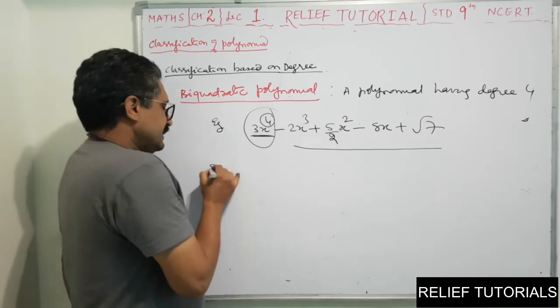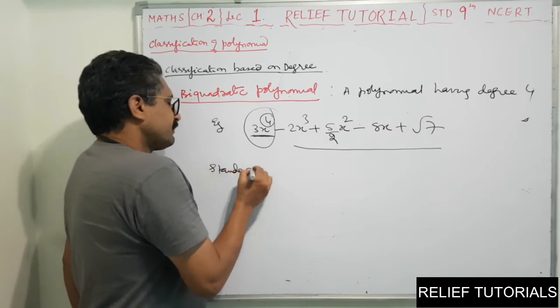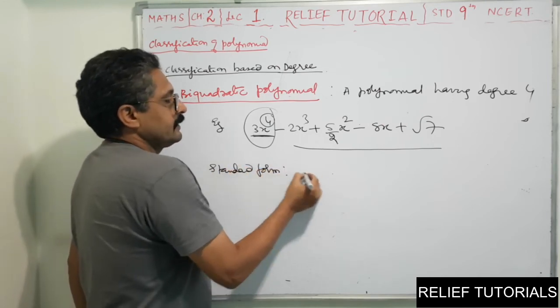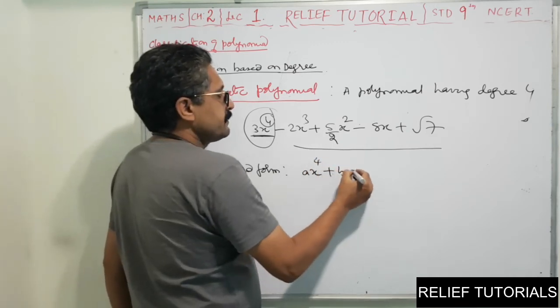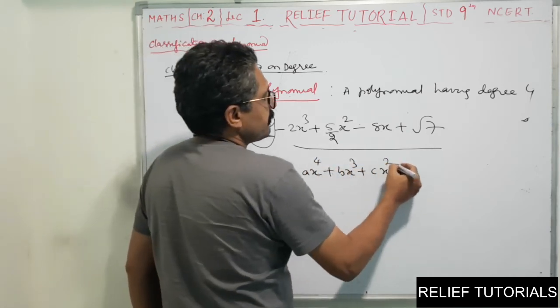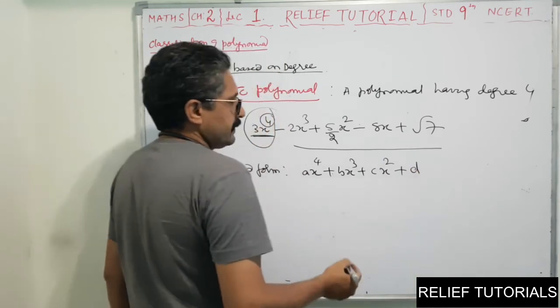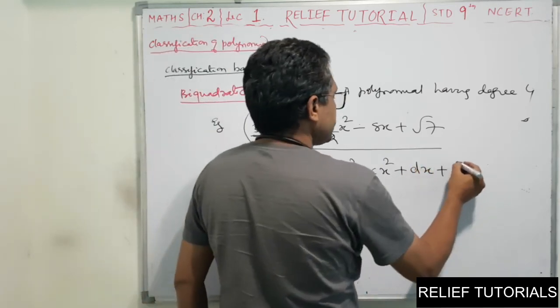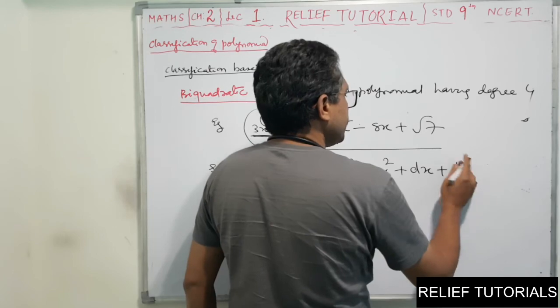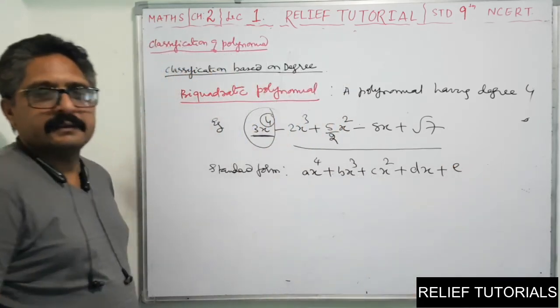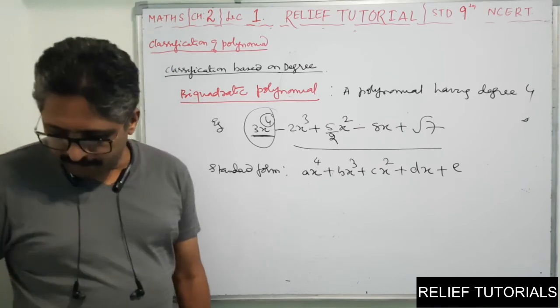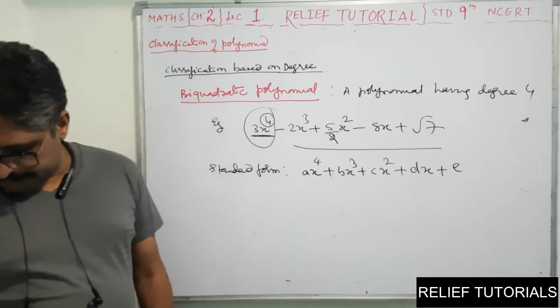So the standard form, if I say, is A x raised to 4 plus B x cubed plus C x squared plus D x plus E. This is the standard form of a biquadratic polynomial.